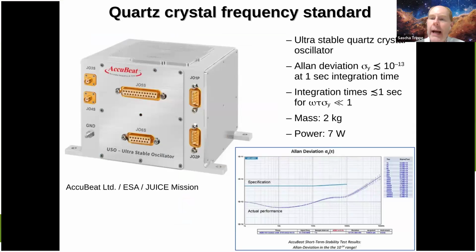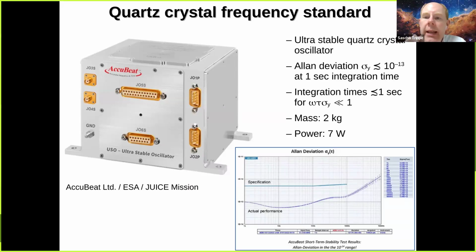We do need a very accurate, very stable frequency standard. This stability is usually expressed in terms of the Allan deviation. Allan deviation is essentially a normalized pairwise measure of the fluctuation of consecutive data points.